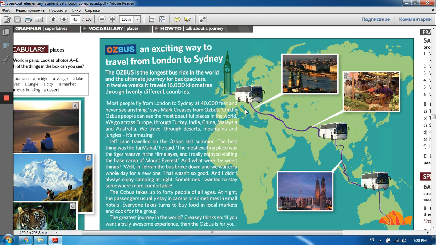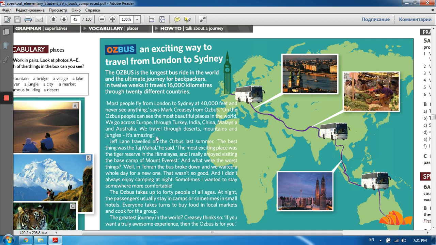Most people fly from London to Sydney at 40,000 feet and never see anything, says Mark Creasy from Ozbus. On the Ozbus, people can see the most beautiful places in the world. We go across Europe through Turkey, India, China, Malaysia, and Australia. We travel through deserts, mountains, and jungles.